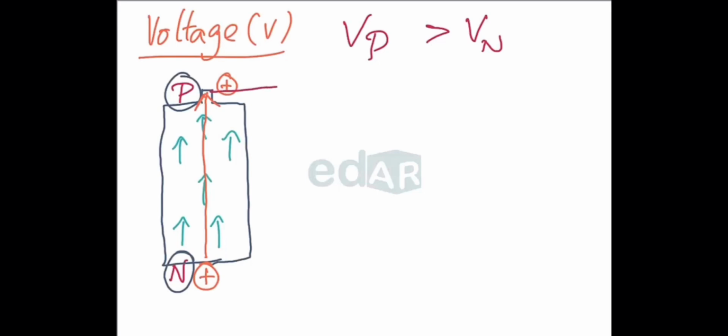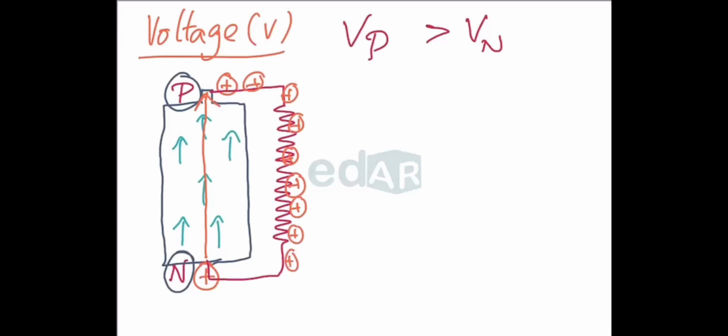So if we connected the positive terminal to the negative terminal by means of a wire, right, what will happen? Your positive charge will now start going through this wire and reach the negative terminal.